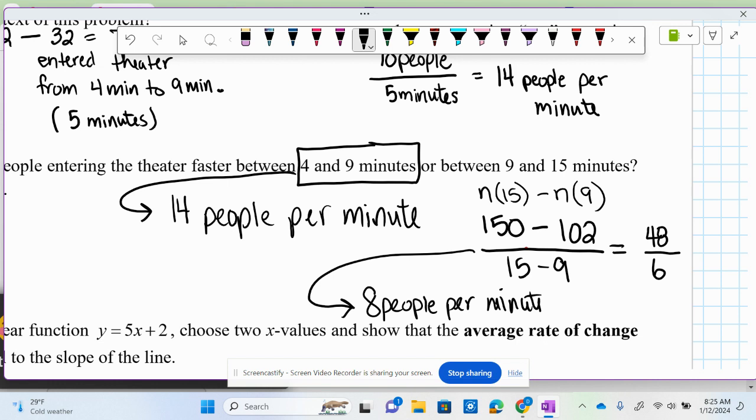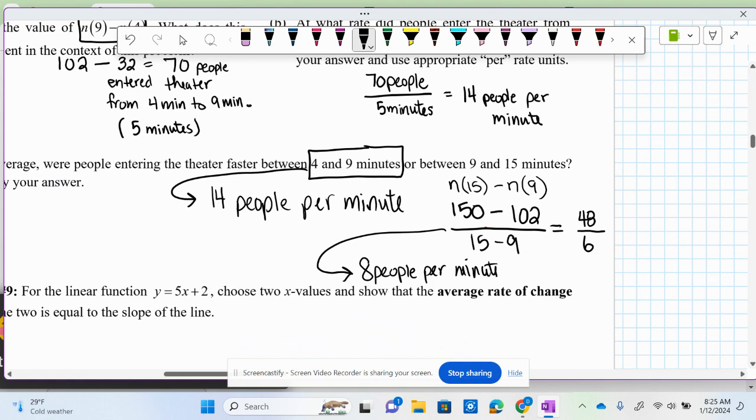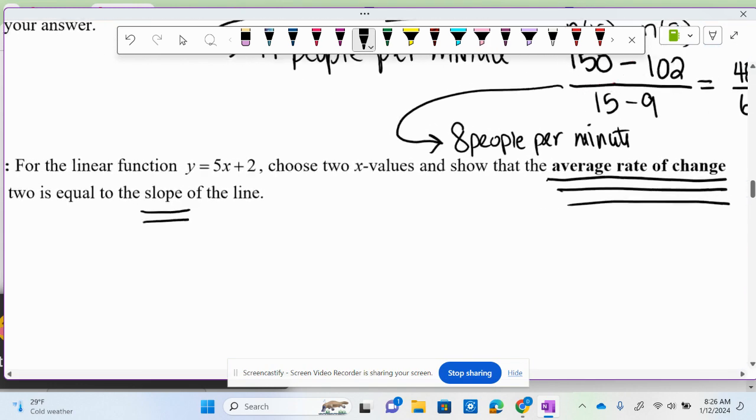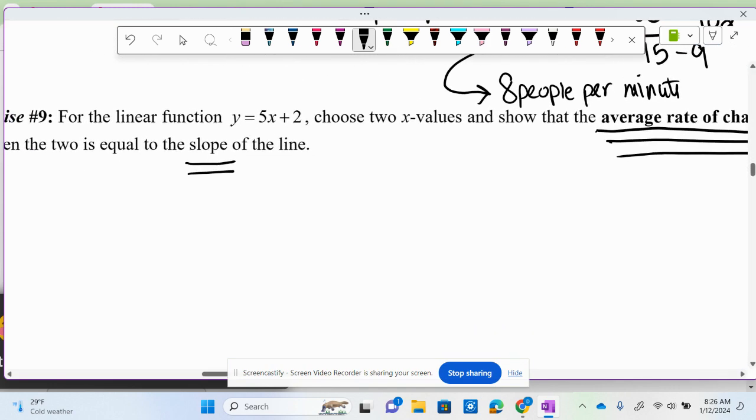So we're really just calculating slope, and the ordered pairs that we're getting come from the intervals. Okay. So for the linear function, choose two values to show that the average rate of change is the same thing as slope. So we're proving that the average rate of change is the slope, that they have the same value.